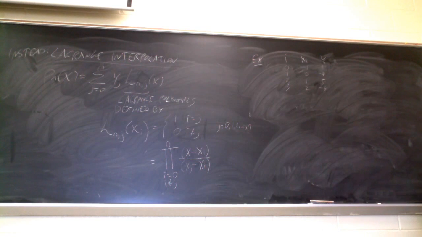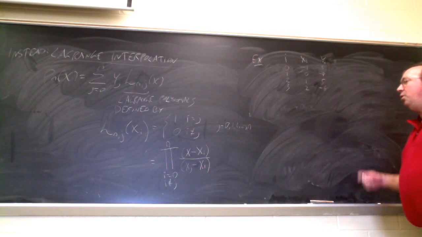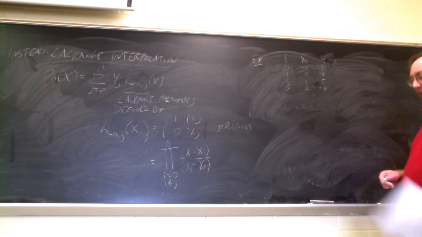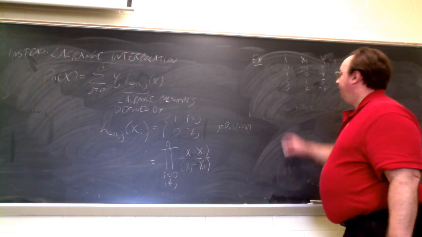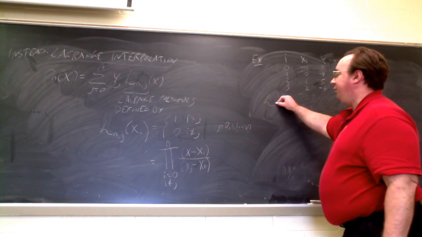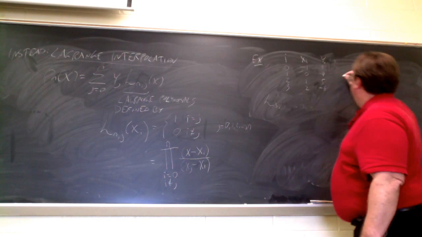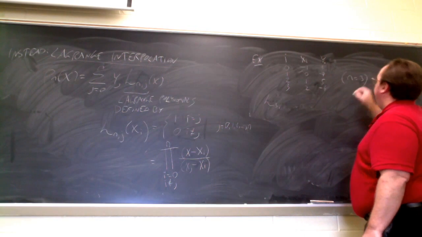Okay, so I have 4 points. So a polynomial I'm going to come up with is going to be a third degree, cubic. So I need 4 Lagrange polynomials in all. So my Lagrange polynomials will be of degree 3. So n equals 3.